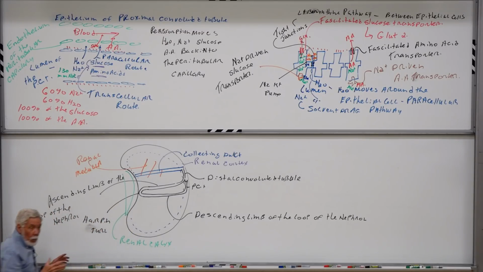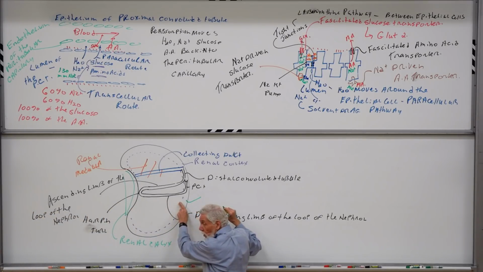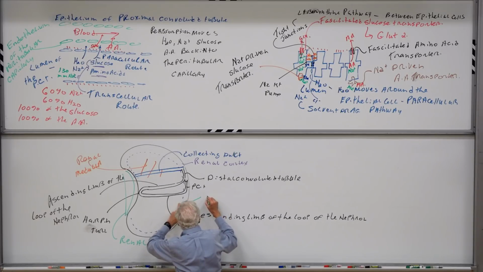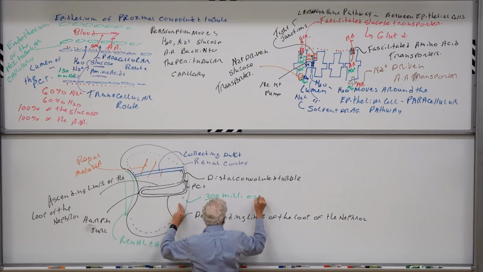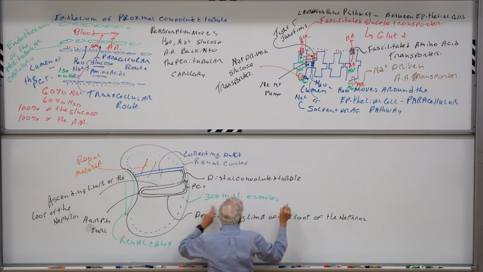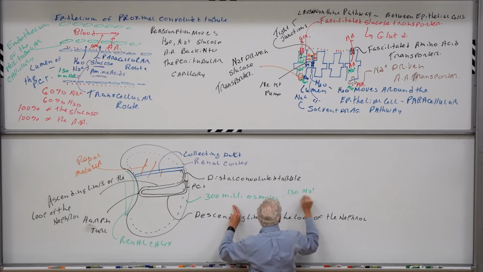Now, the last piece here, I want to point out a couple of things. When we look at ion concentrations up here in the cortex, we find that the concentrations are in the neighborhood of about 300 milliosmoles. Now, of this, about 130 is sodium, about 130 is chloride.